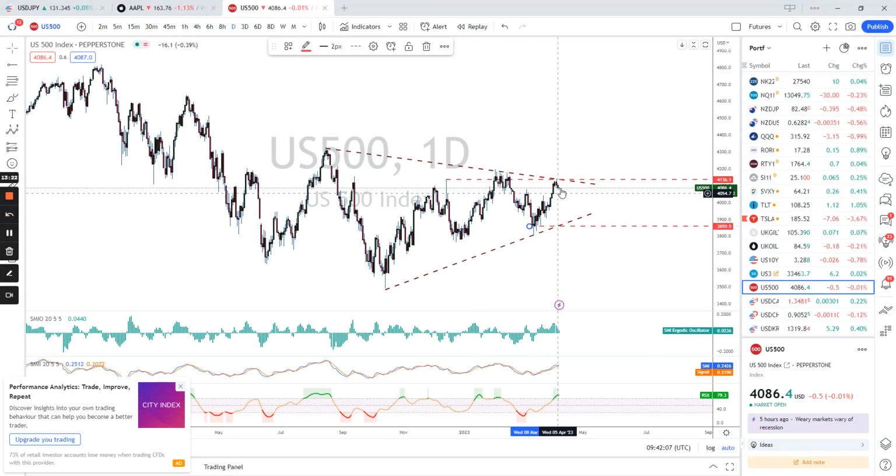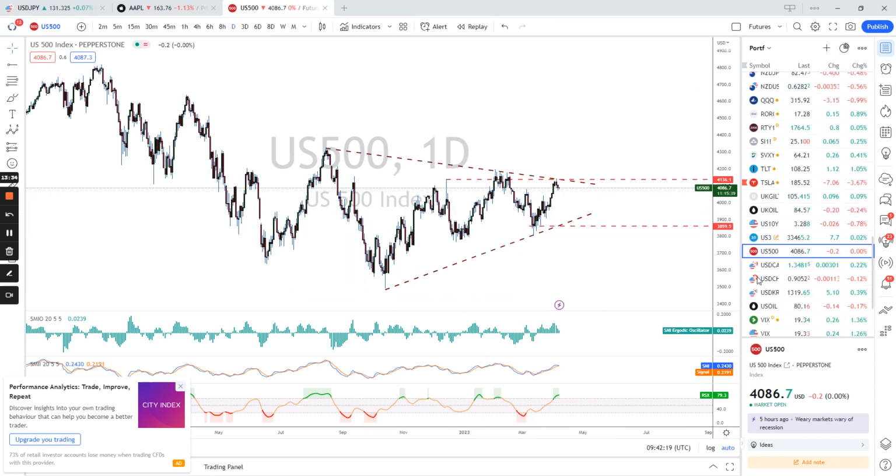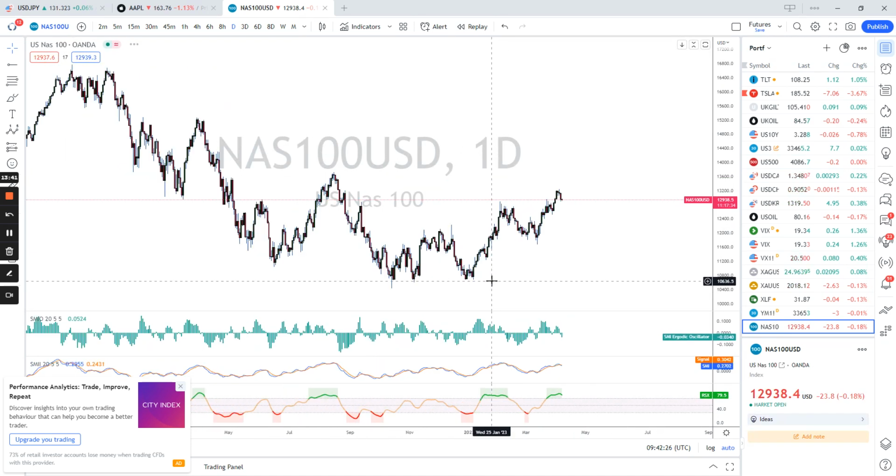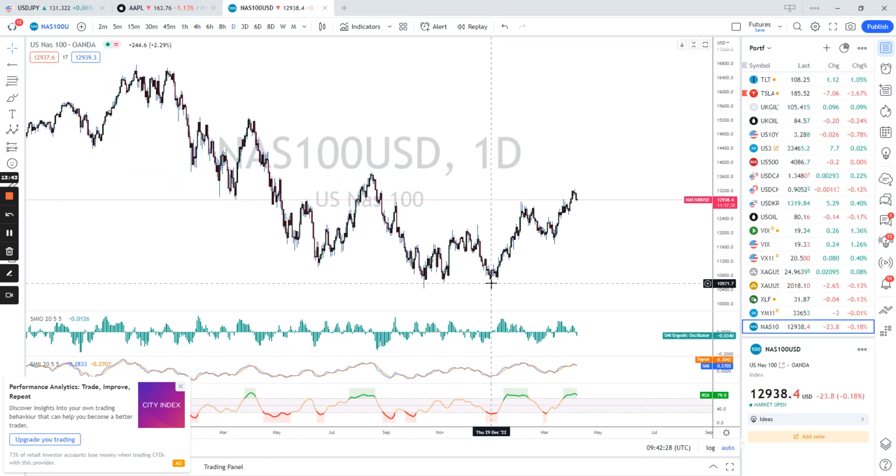So we prefer a little more swing up and down here before a final breakthrough and breakout into direction for the SPX. So swing trading and range trading here is advised.